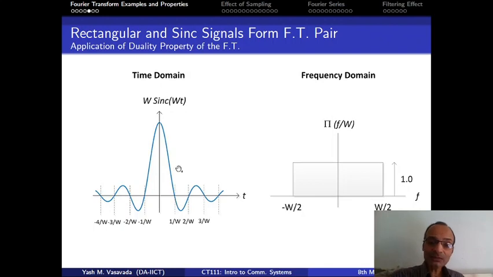Remember, this SINC function value becomes 0, and therefore I'll be able to transmit far more symbols every second at each of these dotted lines. So as I increase capital W, my symbol rate increases, and that is something that we can see from this Fourier transform pair that is shown over here.